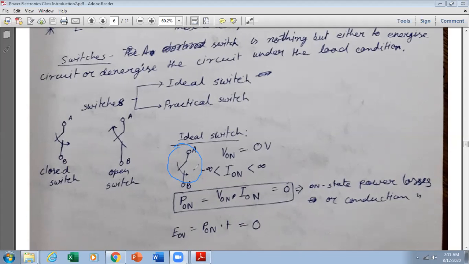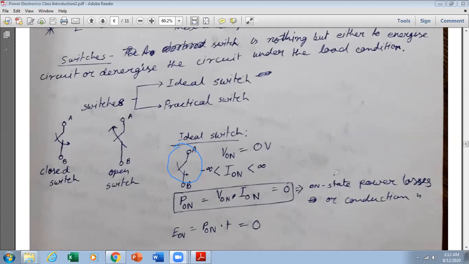So we will consider the current from minus infinity to plus infinity. When current is infinity and voltage is 0, what will be the power loss? The multiplication of those two is equal to 0. When the switch is closed, that is called the on state. So the on state power loss is P on, equal to V on times I on, and that is equal to 0.